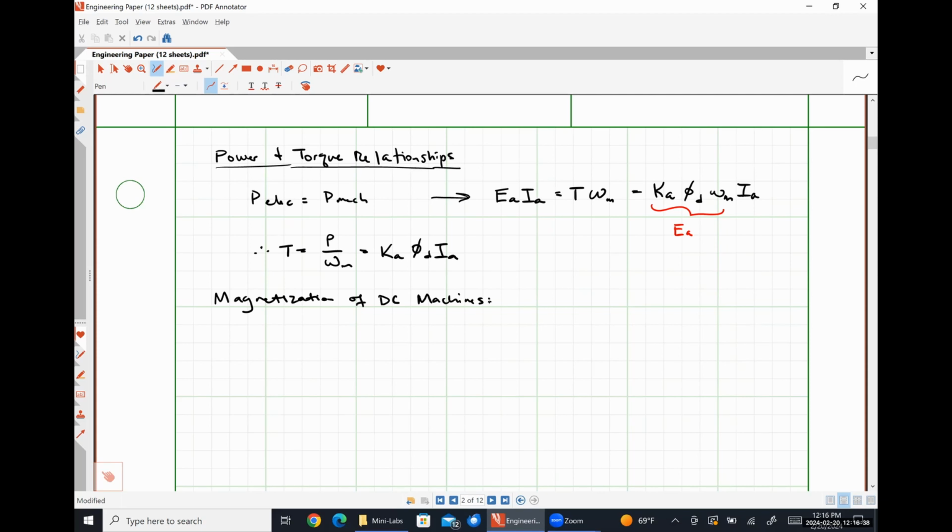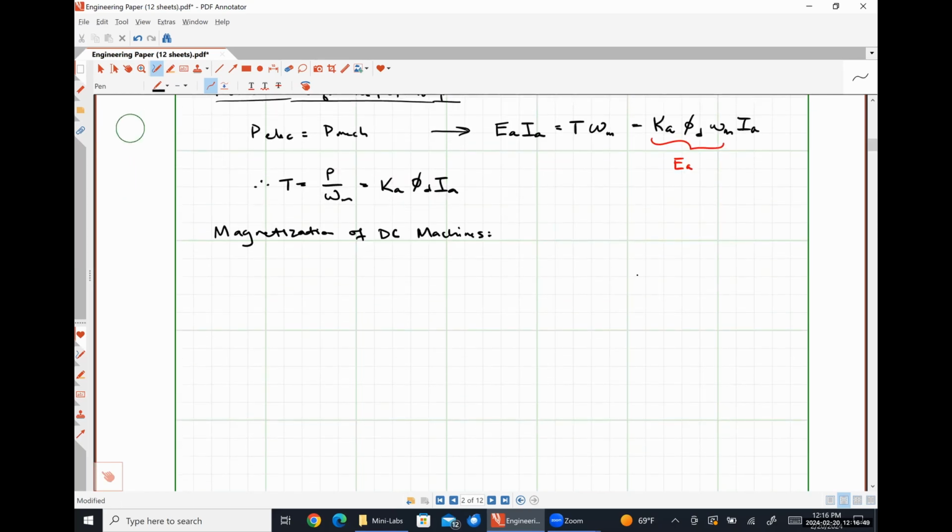So this is going all the way back to the stuff that we talked about at the very beginning of class, effectively magnetization curves for ferromagnetic materials. So what we should see is a curve that looks something like this. Here's our induced voltage EA on this axis. Here's our applied field current IF on this axis.